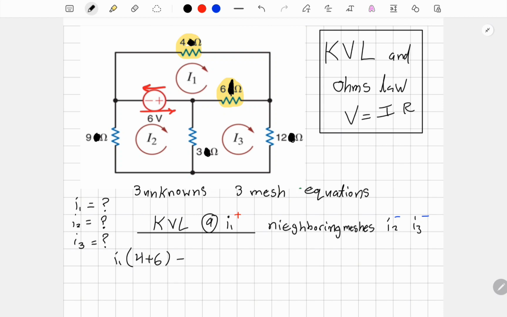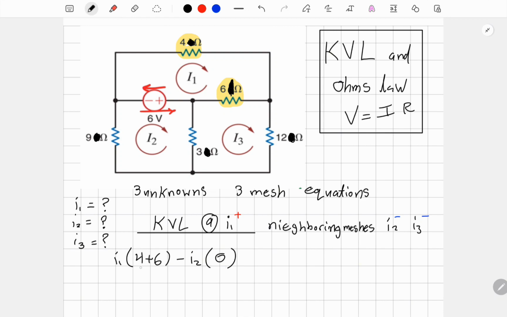Then subtracting I2 multiplied by any resistors attached to both I2 and I1. Well, there isn't any. There's a voltage source, but we need resistors. So we write 0.